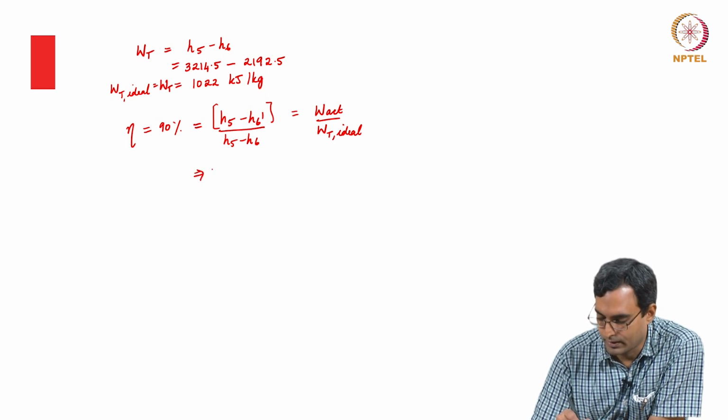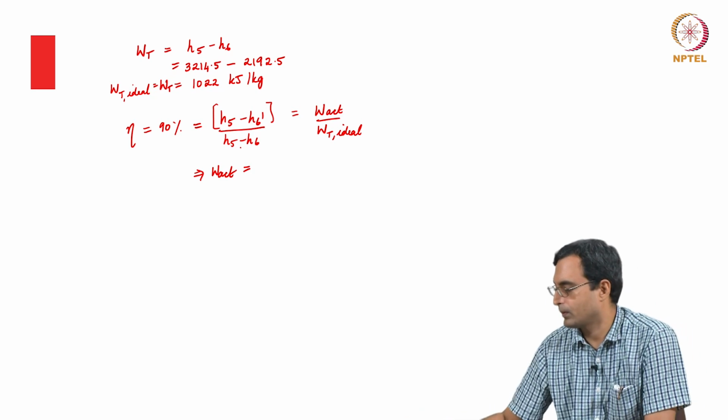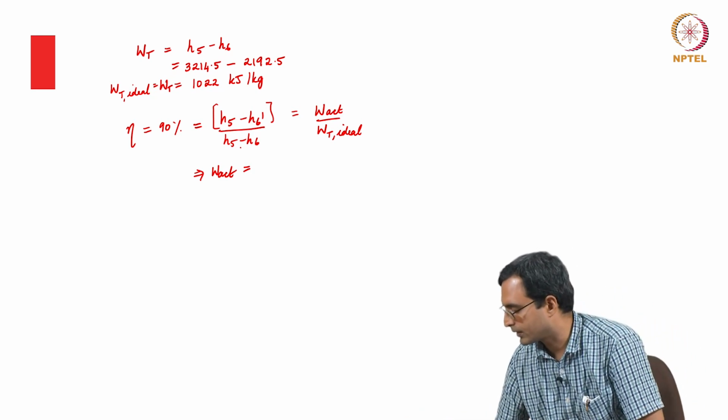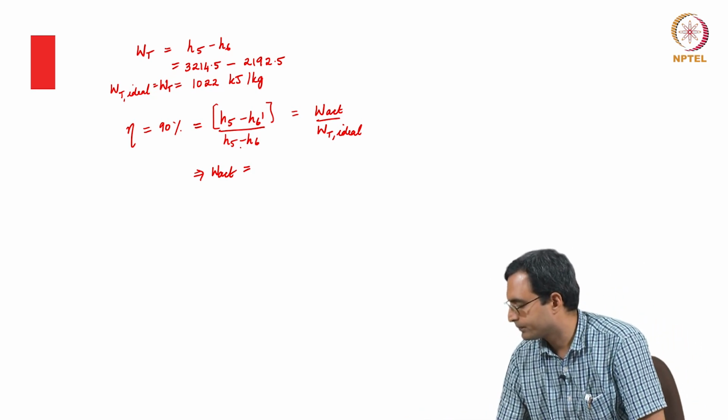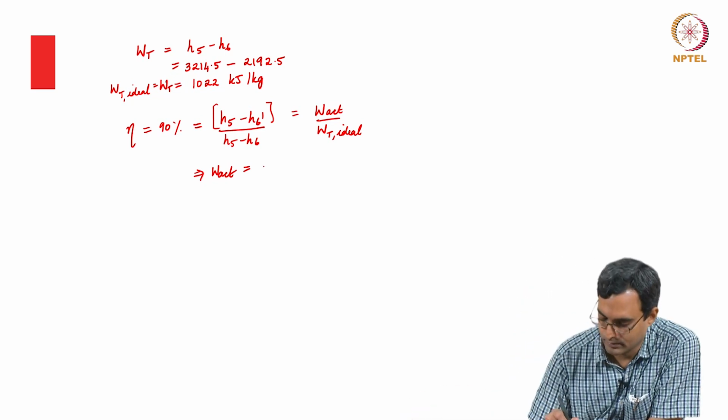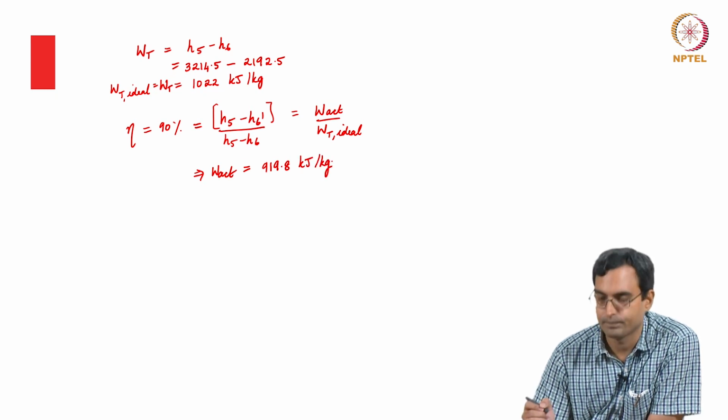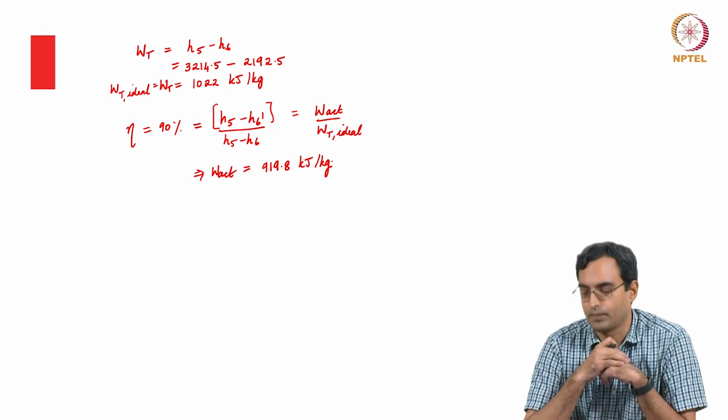So, this tells me that the actual work which I get is this value which I got times 0.9, which is essentially what we are asked to find out.